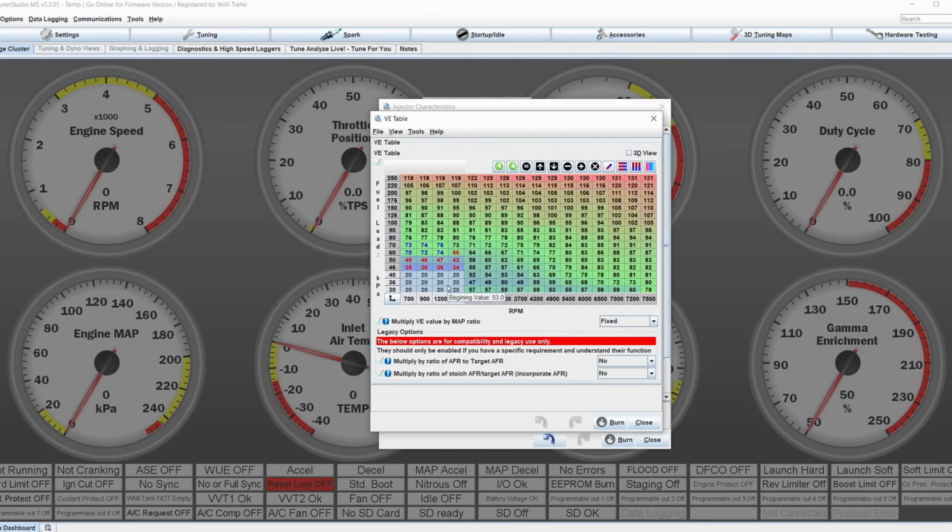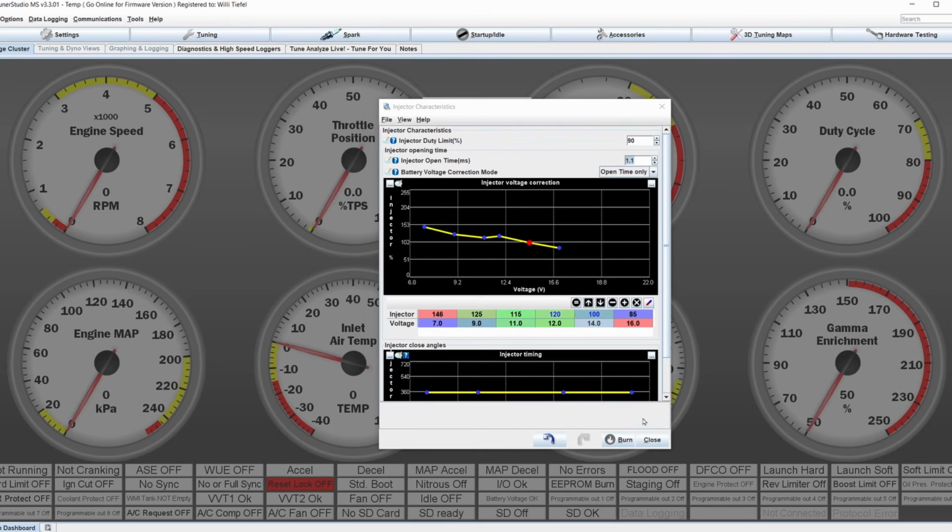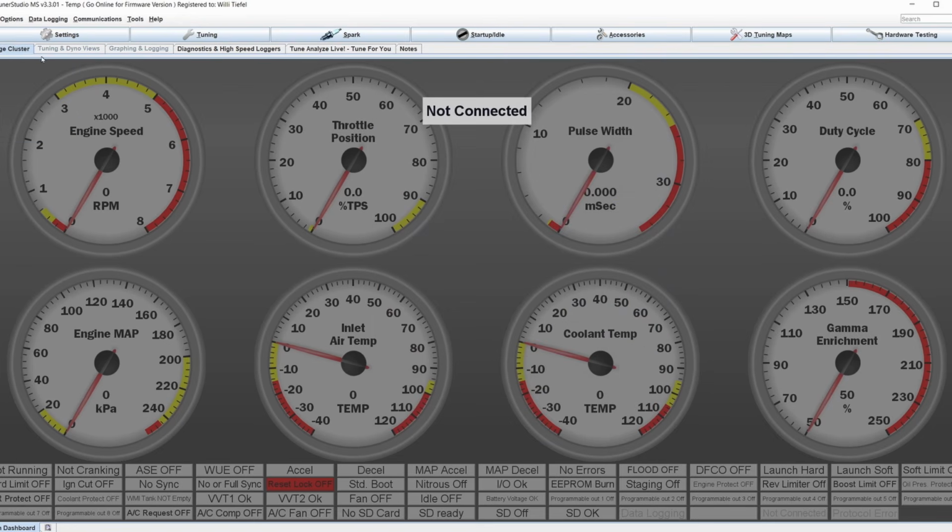If that still doesn't solve your problem, and for example in both directions you have to go down with your VE table values, that can also happen, then the specs are actually set very correctly and you don't need to change anything here. Then the only thing you can do is, I don't like to do this because it messes with your whole VE table and you'll have to retune your car completely.